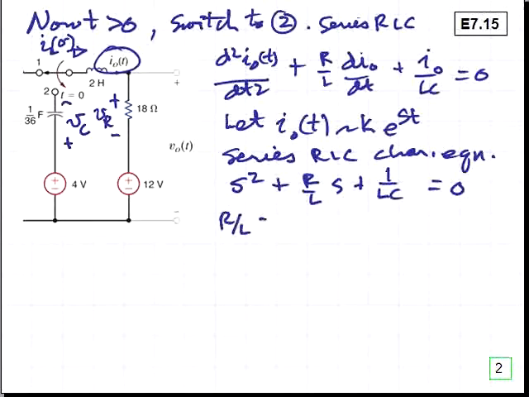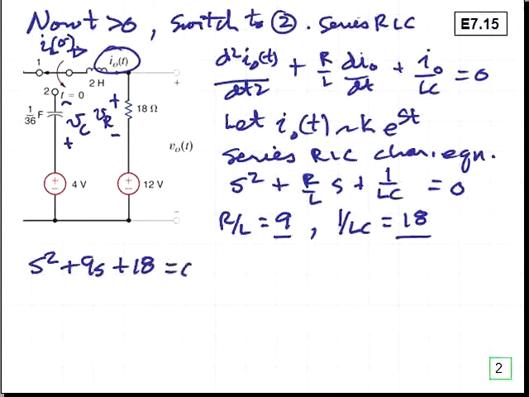So R over L is equal to 9 for our circuit, and 1 over LC is equal to 18 from the values of L and C. So our characteristic equation becomes s squared plus 9s plus 18 is equal to 0. And the roots of this are s1 is equal to minus 3, s2 is equal to minus 6.